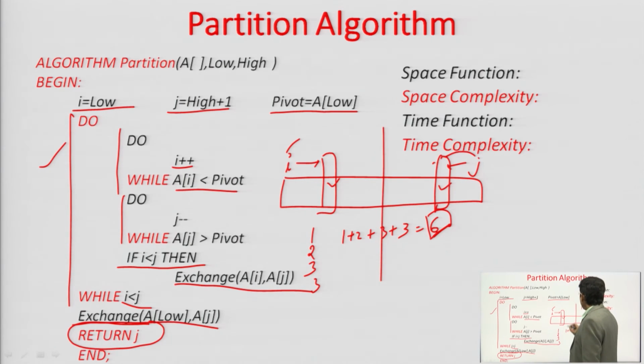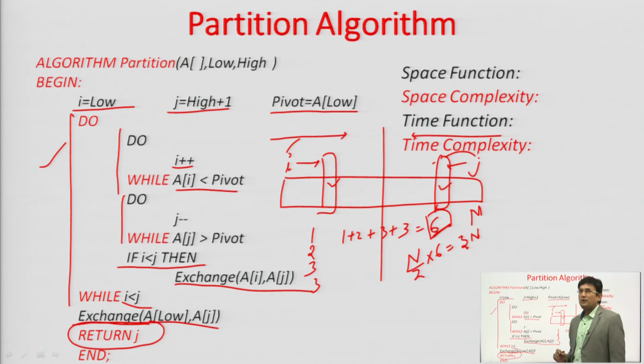At some point of time, these two will cross each other. It means that i has travelled half of the distance, j has also travelled half of the distance. If the size of the array is n, so i has travelled n by 2 distance and j has also travelled n by 2 distance, and in each pair of operations, a total of 6 operations are performed. So, a total of 3n operations are performed on this partition.